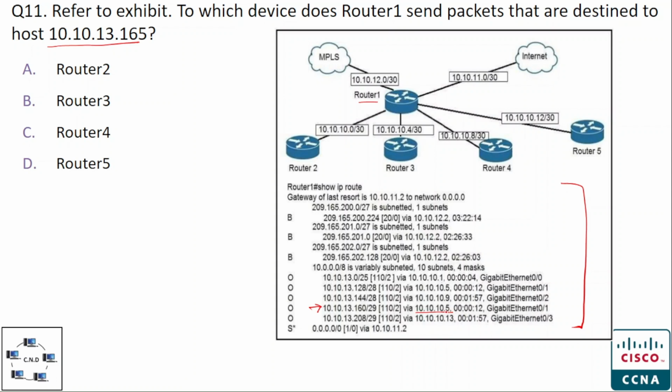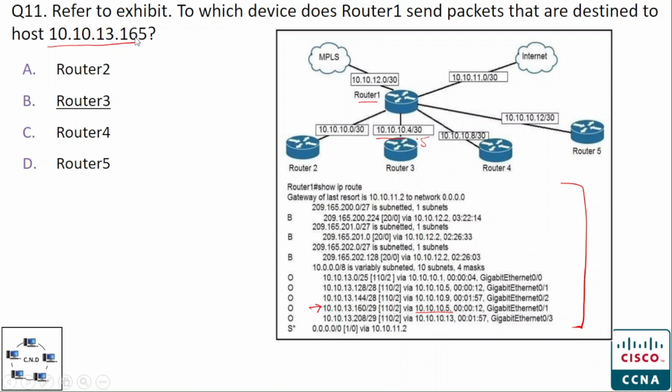So where is the 10.10.10.5? We need to find this hop, and this hop is basically this one, 10.10.10.4/30, which means that we have the .5 address over here. That's why the router R1 will send the packet to R3 in order to reach this host, that is 165.